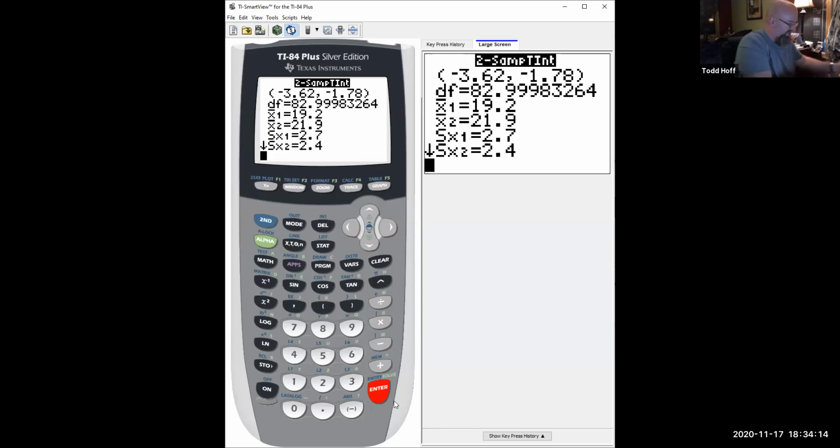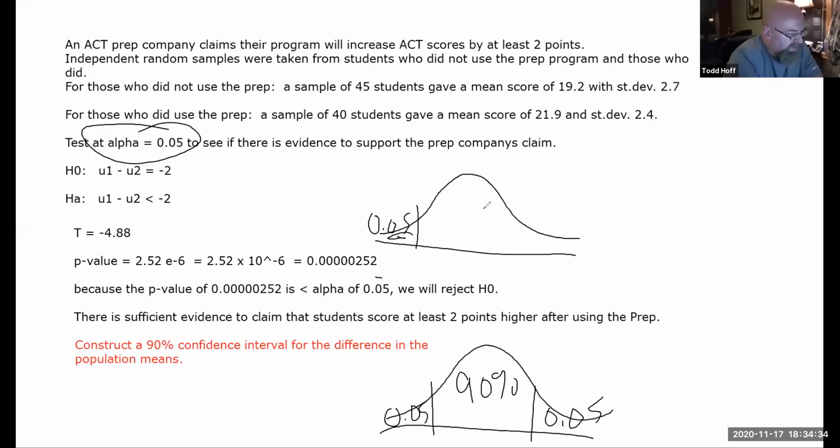Now, let's talk about what this means here quick. Well, let's talk about what it means. This should have supported our hypothesis test up here.